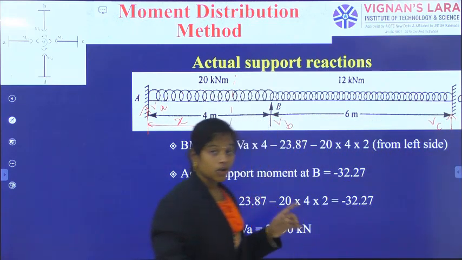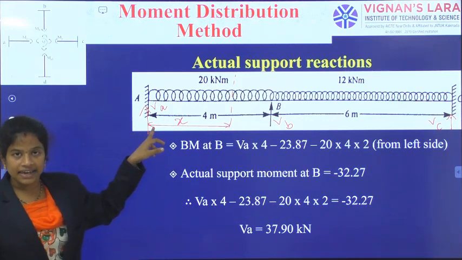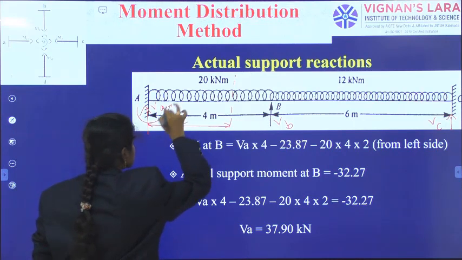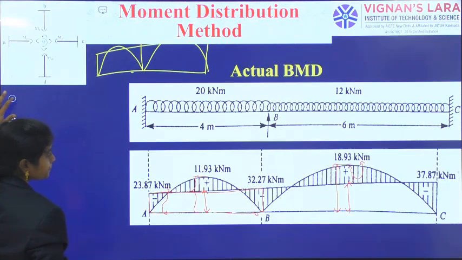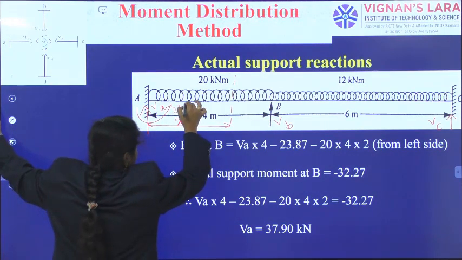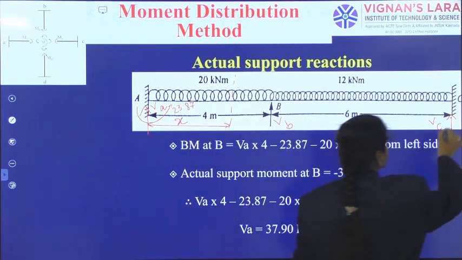Here VC is there. Not only these vertical forces, but also at A, there is a hogging moment. What is the value? 23.87. And also, at C, there is a hogging moment.